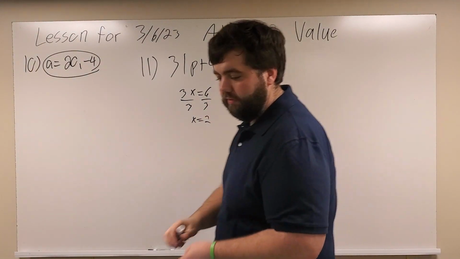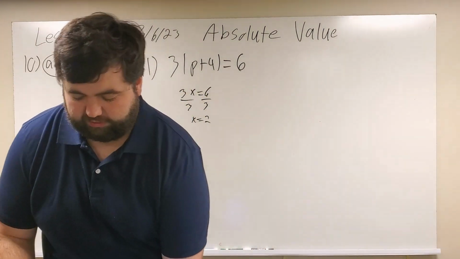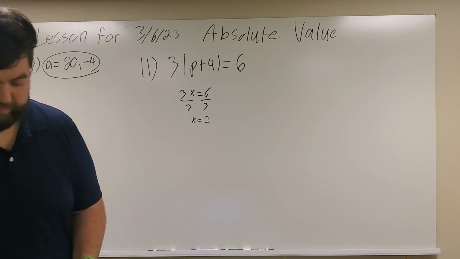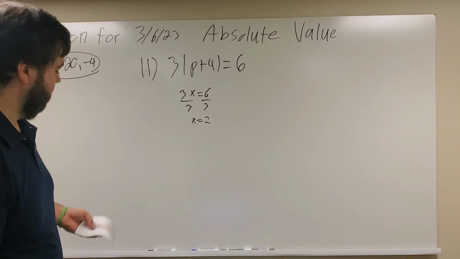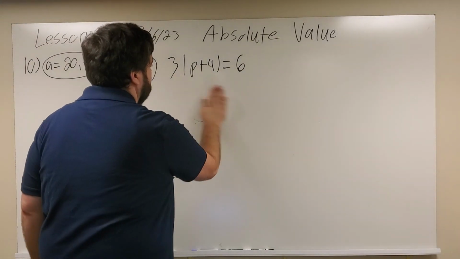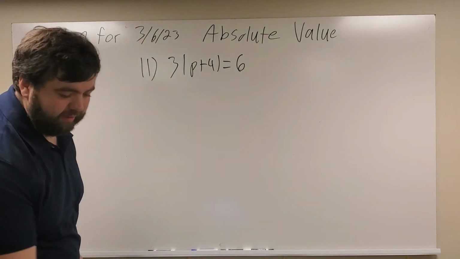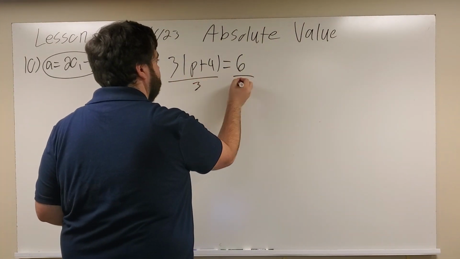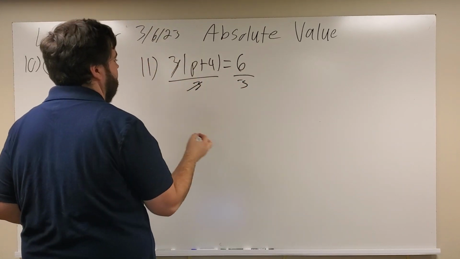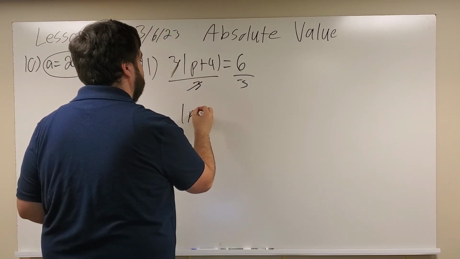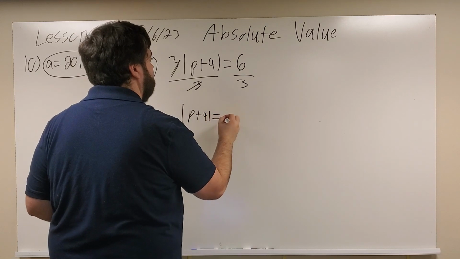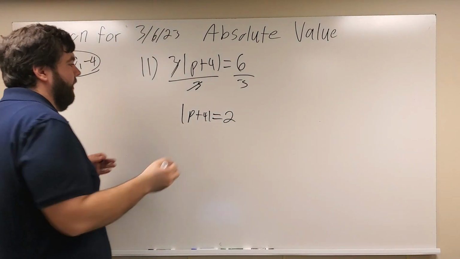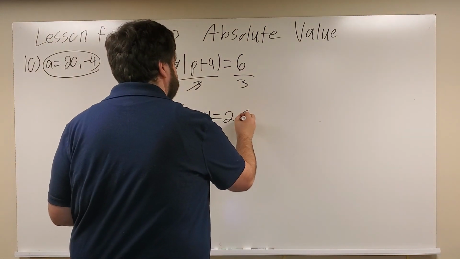So, need an eraser. Let me grab a paper towel. Alright, so we're going to do the exact same thing here. We are going to divide by 3. Those 3's cancel. We're left with the absolute value of p plus 4 is equal to 2. Alright, now that we've isolated, we split.